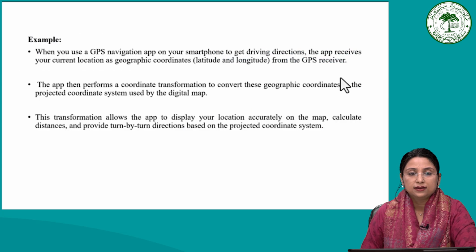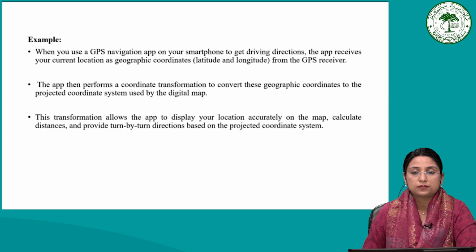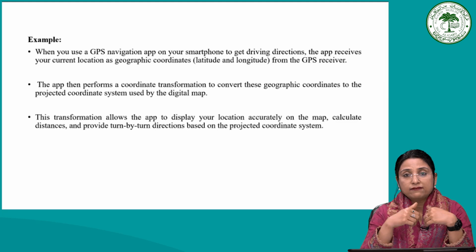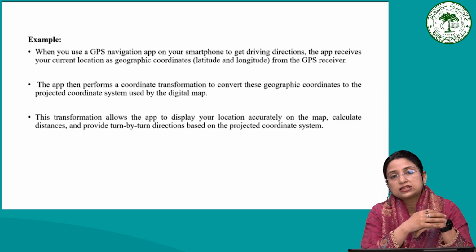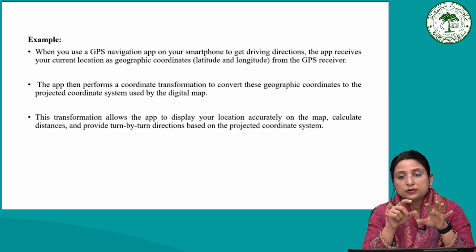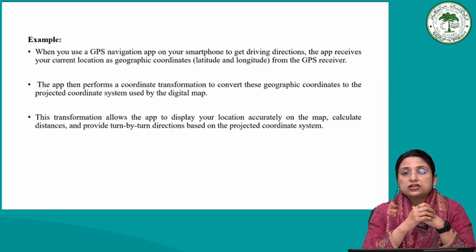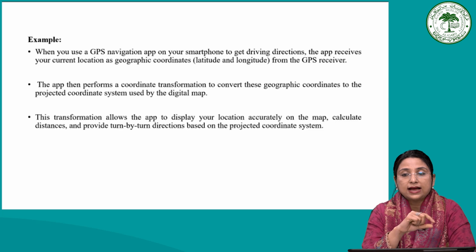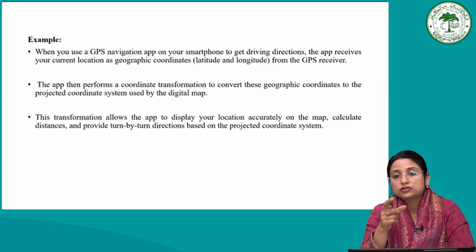Let us understand what type of transformation takes place when we use a GPS navigation app on our smartphone. Nowadays everybody has a smartphone, and we use the GPS navigation app to get driving directions. The app receives our current location as geographic coordinates, latitude and longitude, from the GPS receiver.